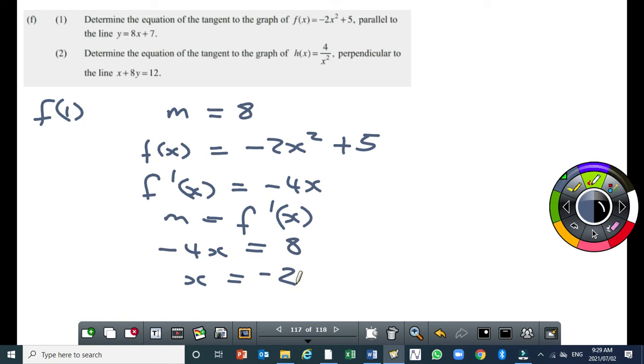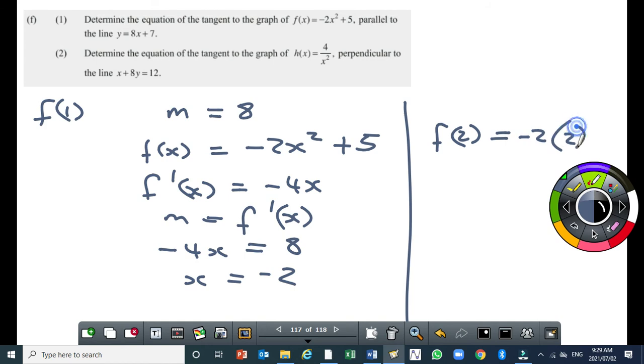So for me to find the value of y, I have to substitute this x value here into the quadratic function. So it becomes f of negative 2 is going to be equal to minus 2 times negative 2 squared plus 5.